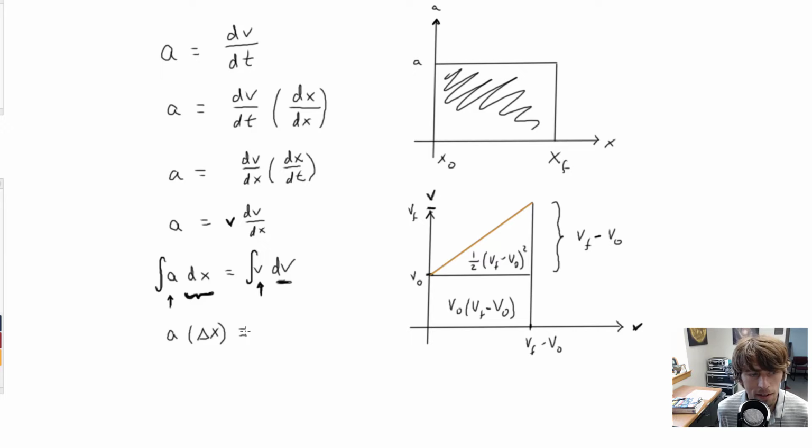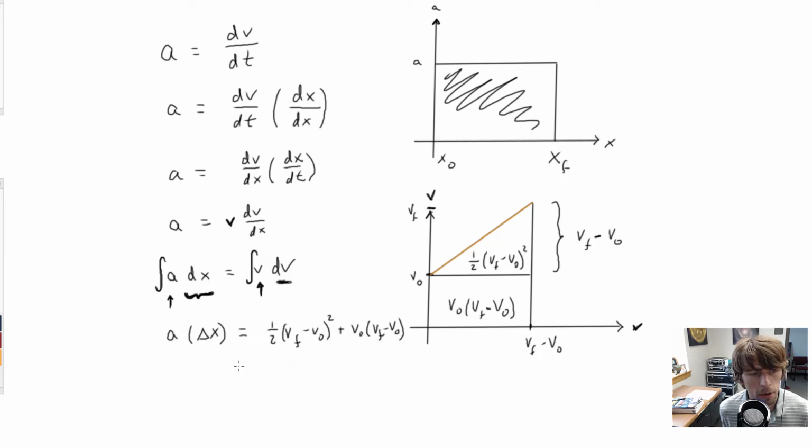We just have to add all of that together, that's what the summation is doing. So I have 1/2 (v final minus v naught) squared plus v naught (v final minus v naught).